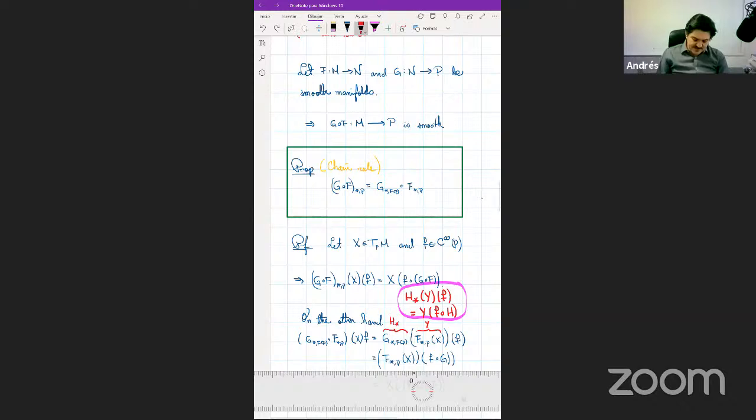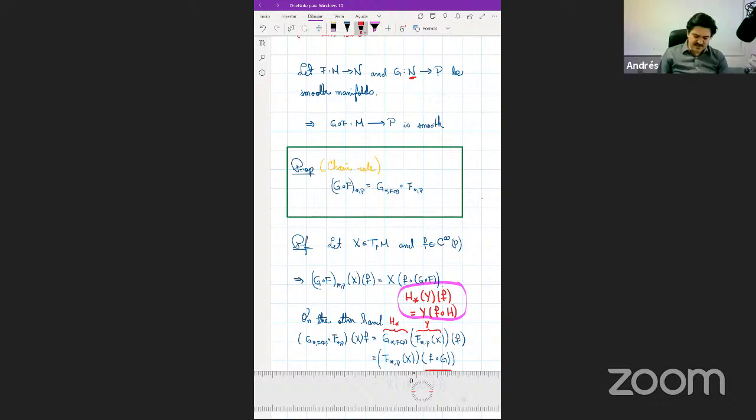Now, if I'm saying that this is a tangent vector on N, I need to have a germ of functions on N. And yes, because the domain of G is N, and then I go to the reals by F. So it makes sense, right?